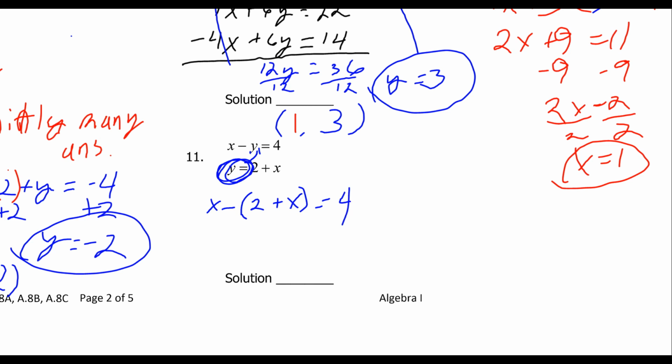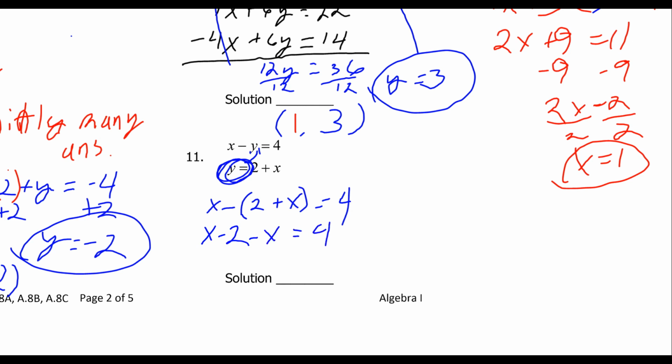All right, now, don't forget this minus is actually almost like saying we're minusing 1, and that minus 1 is going to distribute across to both of those. So we're going to have x minus 2 minus x equals 4.